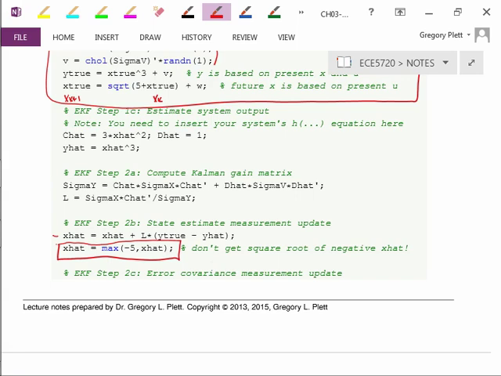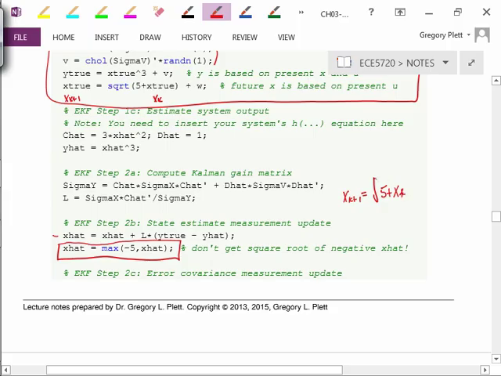So what's going on? Well, if you go back to the equation, the state equation says xk plus 1 equals square root 5 plus xk, all added to wk. In the real system, the state is never going to be smaller than minus 5.